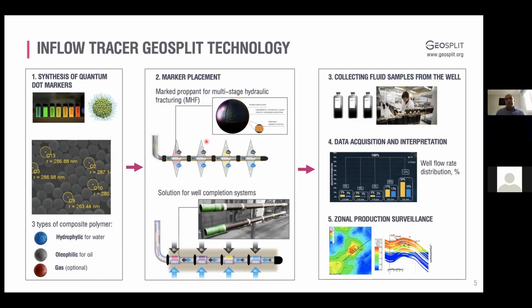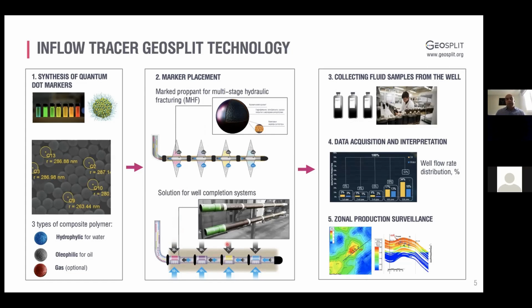Just as a rule of thumb, we use approximately 10% of the total frac volume with the coated proppant. We also place those tracers in downhole completions, typically in horizontal open hole completions with swellable packers, such as ICV or multi-stage frac completions.